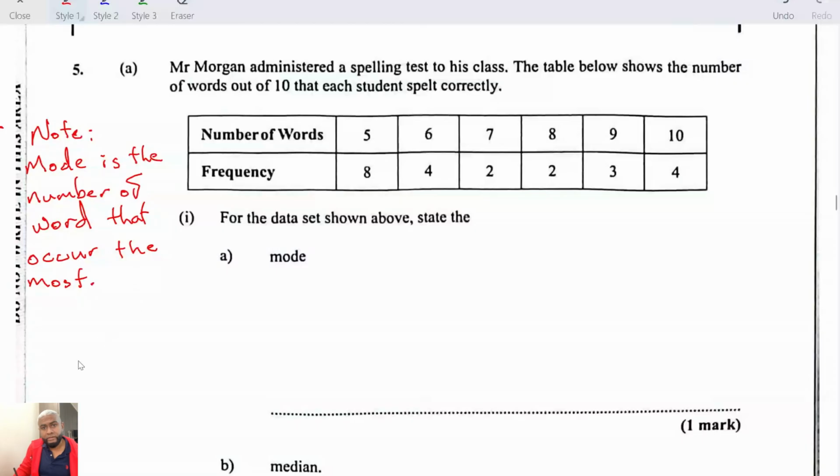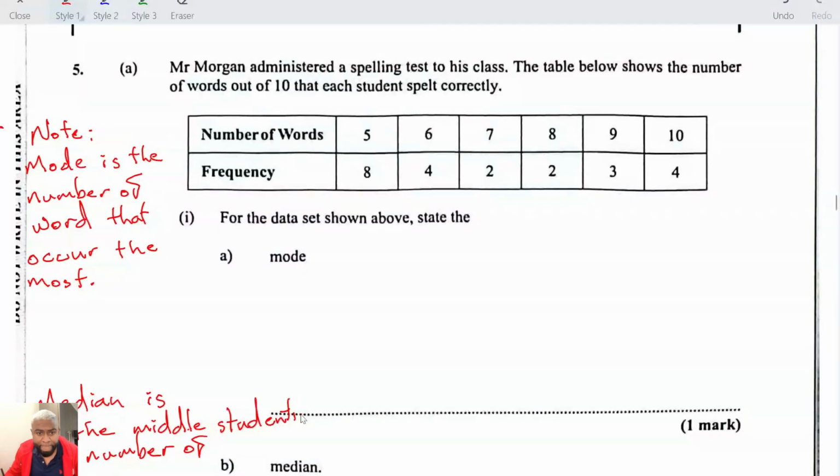And then the median is the middle number of words. Well, the middle student's number of words. Okay? So let's see if we can get these 2 done. Quick.